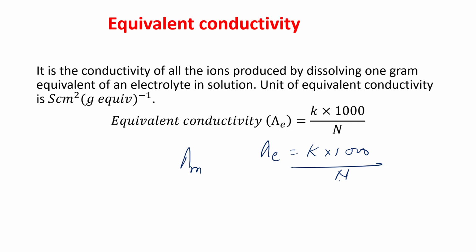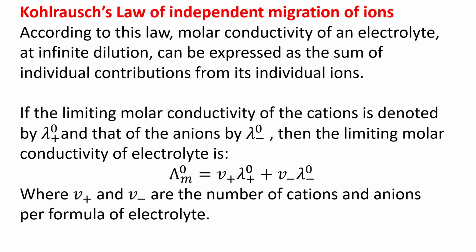Okay, so moving to the next part, that is Kohlrausch's law, the law of independent migration of ions. According to this law, the molar conductivity of an electrolyte at infinite dilution can be expressed as a sum of individual contributions from its individual ions. Let's say NaCl.